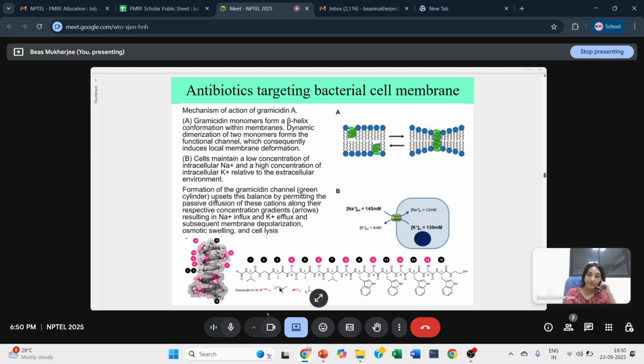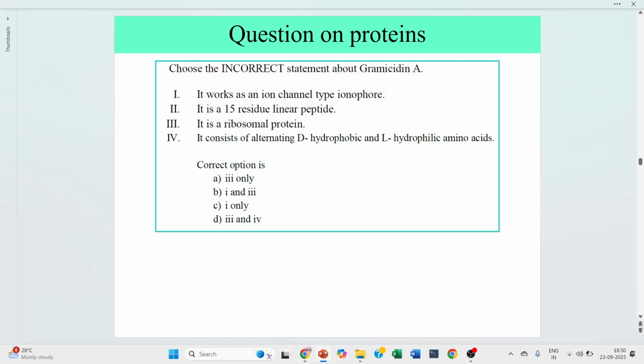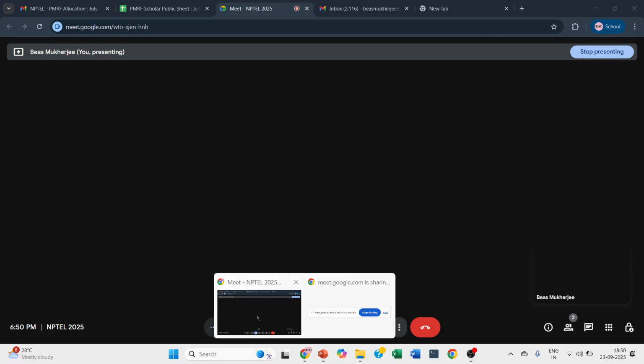So K+ is leaving, resulting in membrane depolarization, osmotic swelling and cell lysis. The structure of gramicidin A is given for you, and this is the kind of beta helix that it forms. So that is the mechanism of action of gramicidin A.